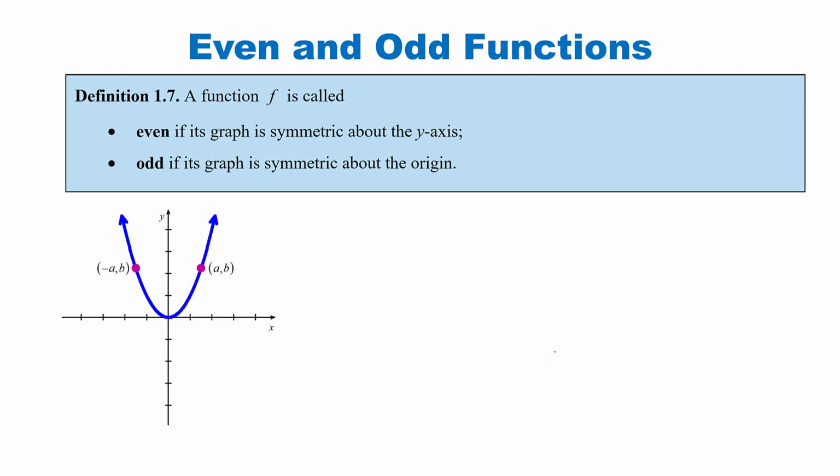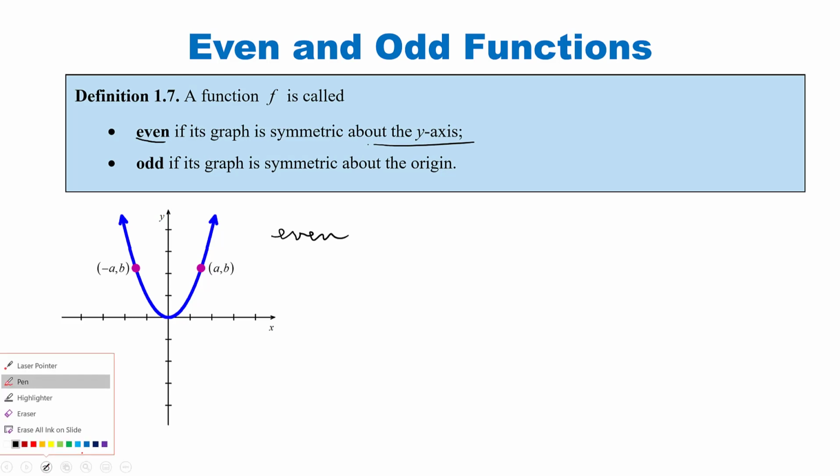Here we have an example of a graph that's symmetric about the y-axis. So if a graph is symmetric about the y-axis, we're told that this is the graph of an even function from the definition here. And I'm going to work with this just a little bit more to get some more information here.